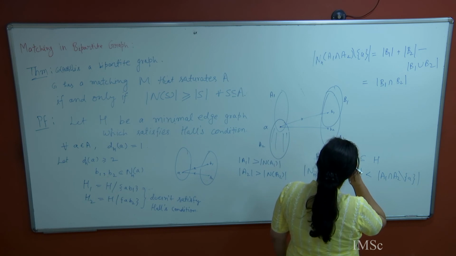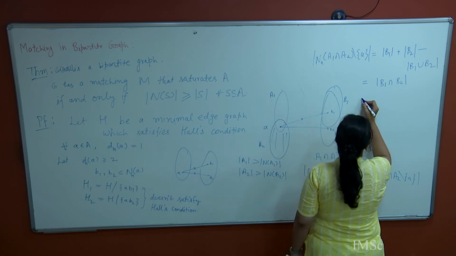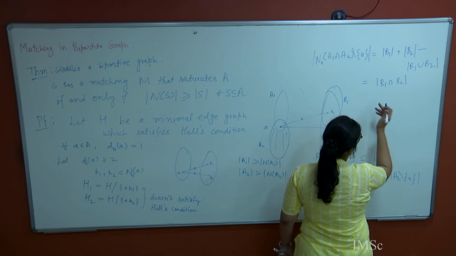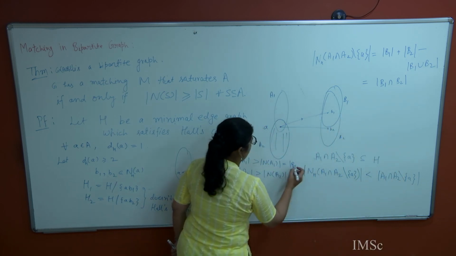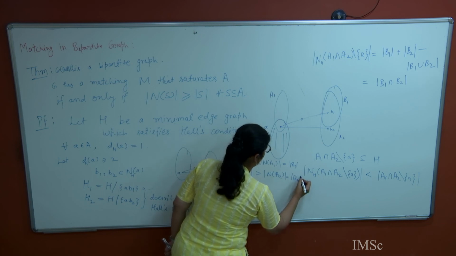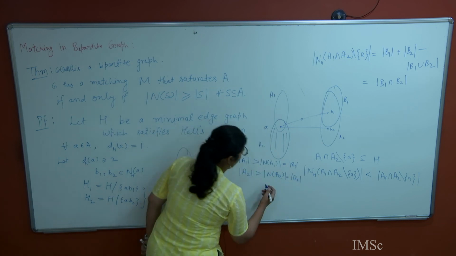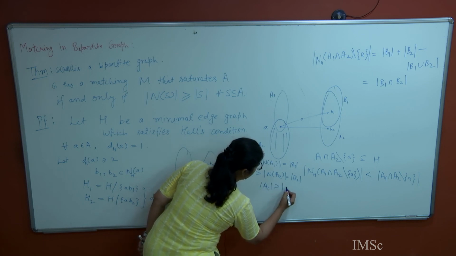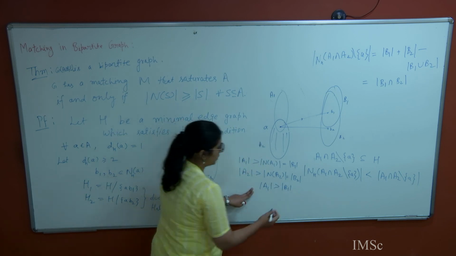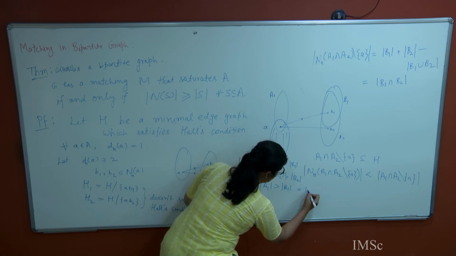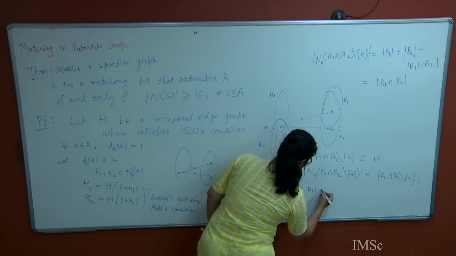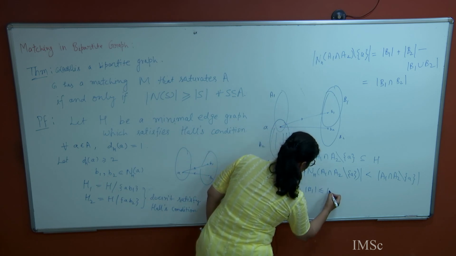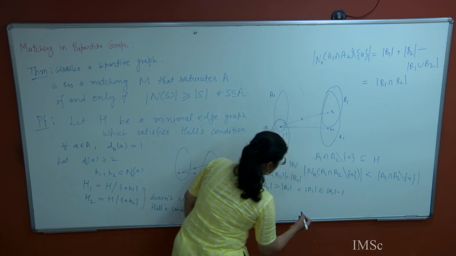Is it correct? I started with the right thing, right? Okay. Now, what can we say about the cardinality of B1? The neighborhood of A1 is B1, the neighborhood of A2 is B2. So the cardinality of A1 is strictly greater than the cardinality of B1. We started with this, and that means the cardinality of B1 is at most the cardinality of A1 minus 1.